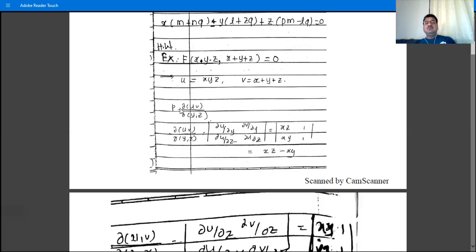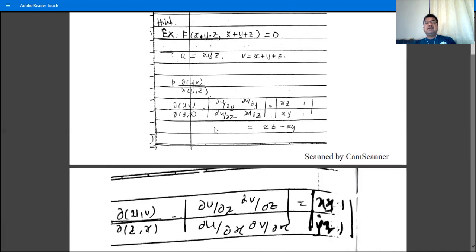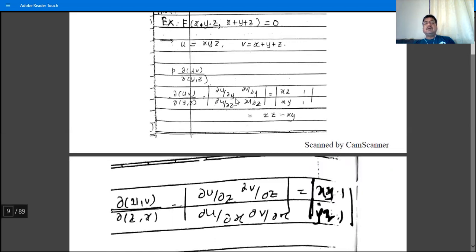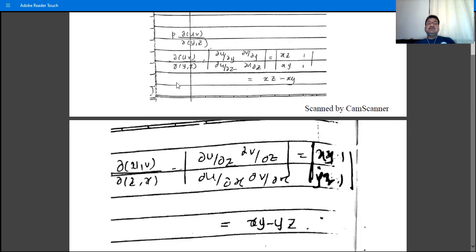First, find ∂(u,v)/∂(y,z), which is the determinant of ∂u/∂y, ∂u/∂z, ∂v/∂y, ∂v/∂z. ∂u/∂y is xz, ∂v/∂y is 1, ∂u/∂z is x into y, ∂v/∂z is 1. So we have xz minus xy as this Jacobian.